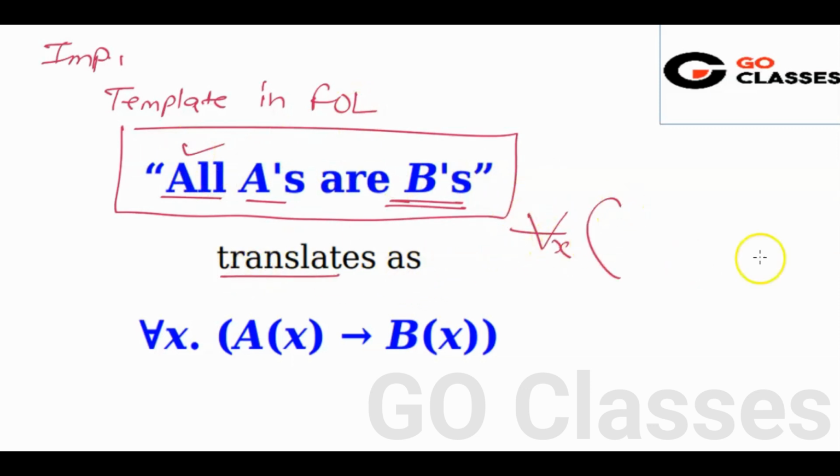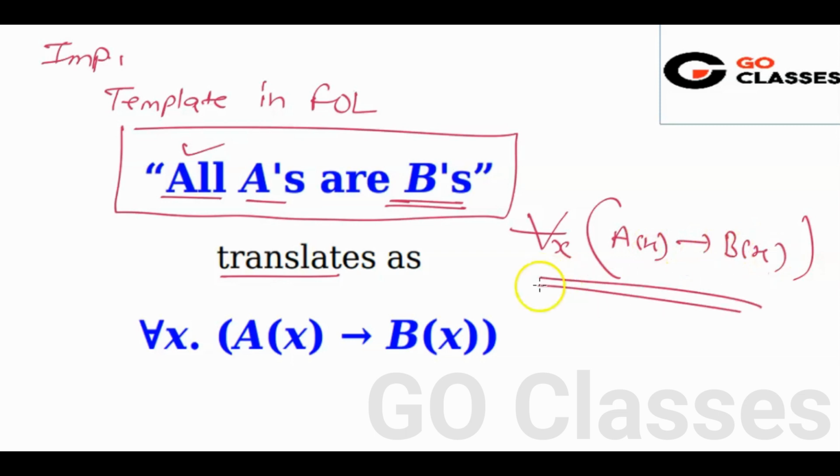For all x in the domain, if it is A, then it is B. All A's are B's means for everything I am saying that if it is A, then it is B. So I hope you got it. If there is any doubt, you can ask in the comments.